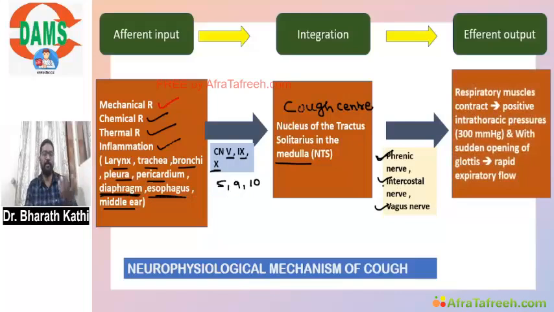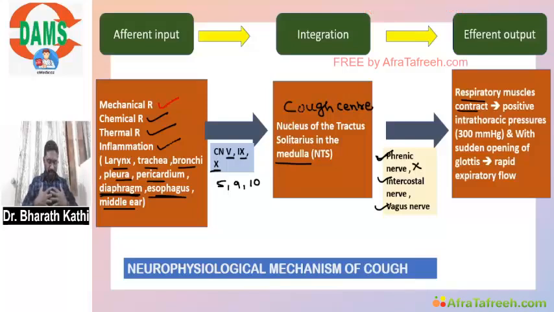So what is happening in cough? The respiratory muscles will tightly contract because the phrenic nerve is getting stimulated. Once the respiratory muscles are contracted, there will be positive intrathoracic pressure.